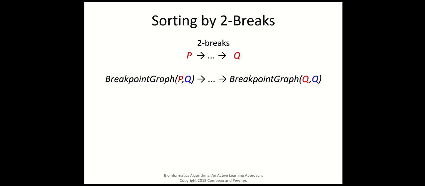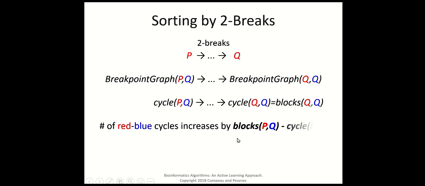So I have a breakpoint graph PQ, and how do I transform it into a breakpoint graph QQ? I'm going to start from cycle PQ and conclude in cycle QQ, and I remember that I know the cycle QQ is the maximum number of cycles that correspond to blocks QQ.